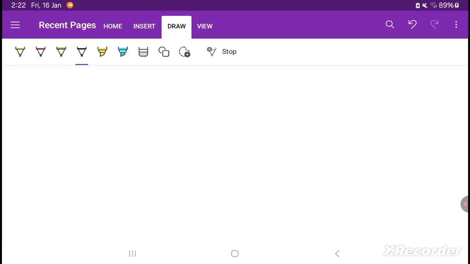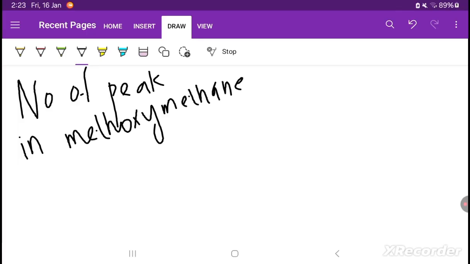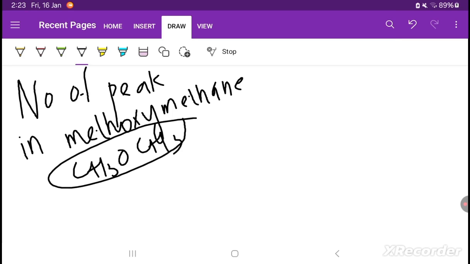So that is a question regarding finding the number of peaks in methoxymethane. What is methoxymethane? CH3-O-CH3. In this compound, both the functional groups are the same, and the hydrogen atoms are equal in environment.